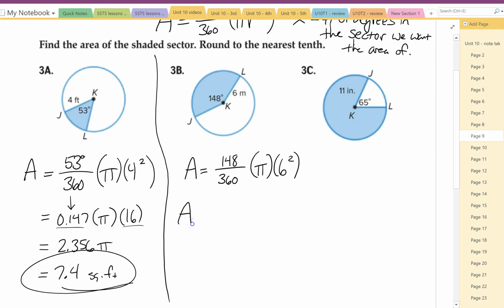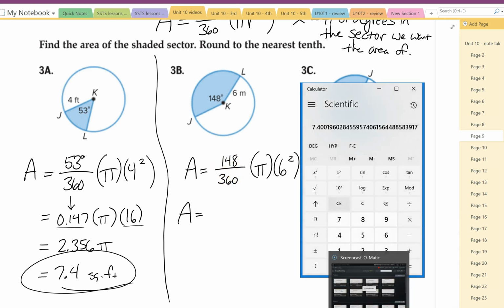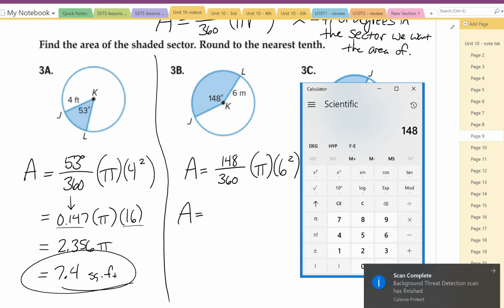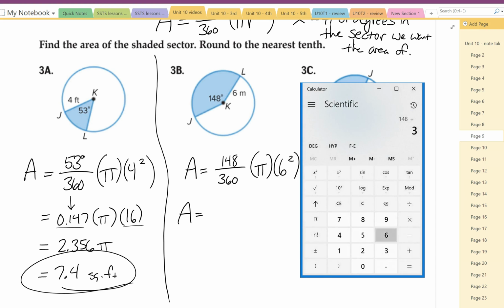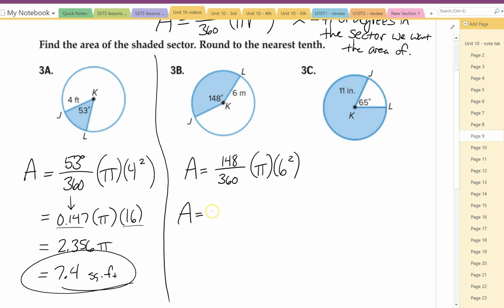First thing I want to know, what is this fraction as a decimal? So I'm going to say, what is 148 divided by 360? 0.4111. So let's call it 0.41 times pi times 6 squared, which is 36.